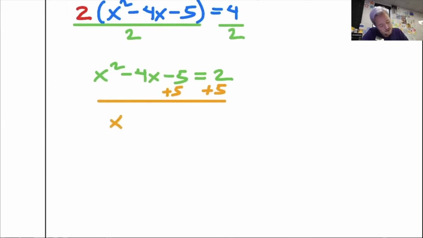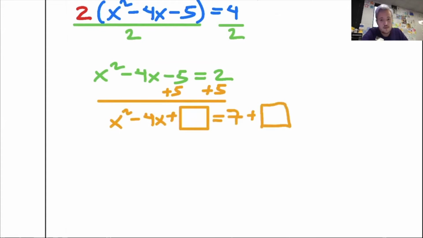So I'm going to have x squared minus 4x plus that 5 is gone. All right, and then 2 plus 5, which gives me 7, plus the box.